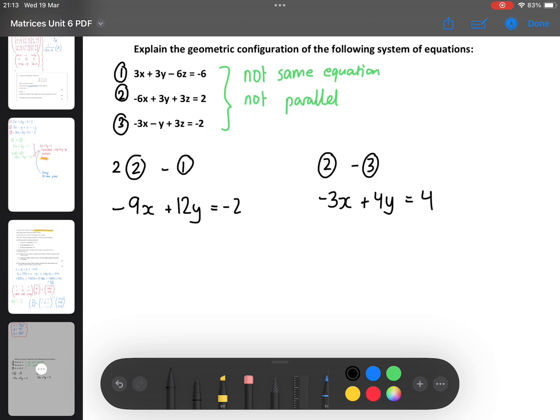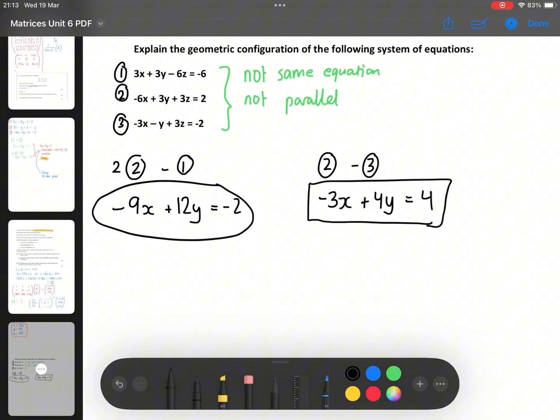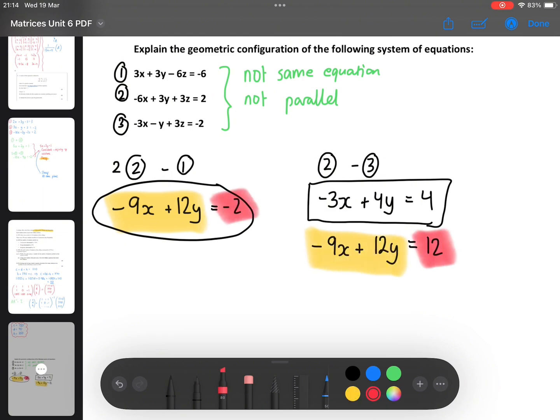And if we alter this equation to make it closer to the form of the other equation by changing the coefficients, multiplying the entire thing by 3, then we get that these two sides are the same, but these are different.